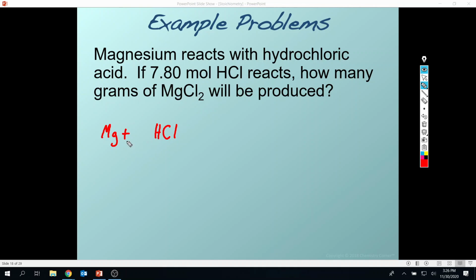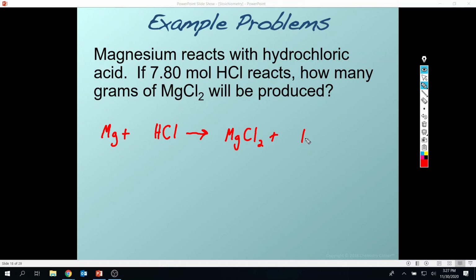I would check my activity series, and I would find that magnesium is more reactive than hydrogen. So that means that it will replace hydrogen. And so we will get magnesium chloride. Now remember, magnesium is a +2, which means I'll need 2 chlorines since they are -1.